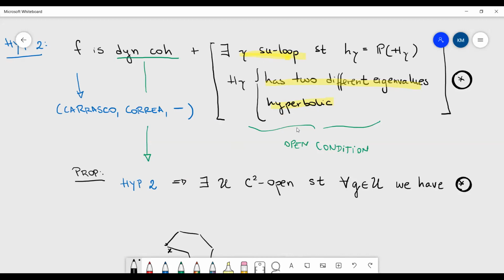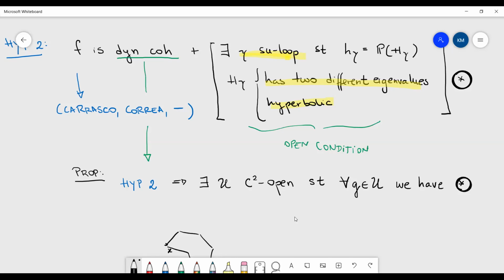No, what we can say is that when the map F is dynamically coherent, I'm not asking for the perturbed one to be dynamically coherent, but when this one is dynamically coherent, we find an SU loop for the perturbed diffeo that also has hyperbolic holonomy. And this new loop is close to the initial loop or something like that?